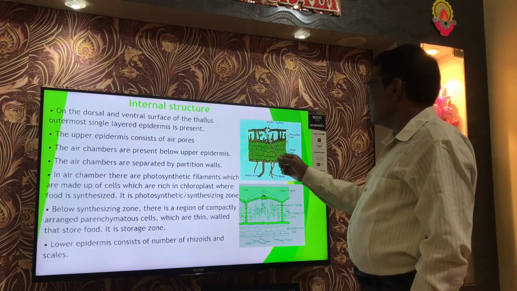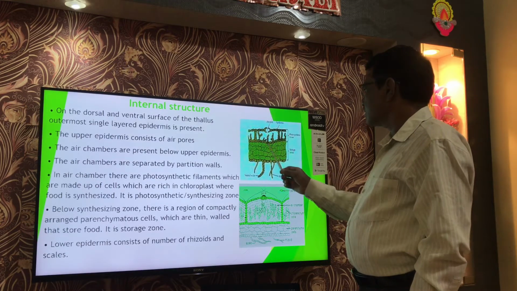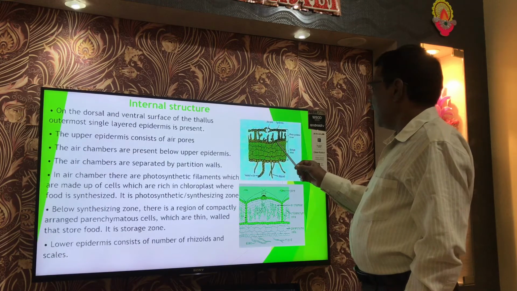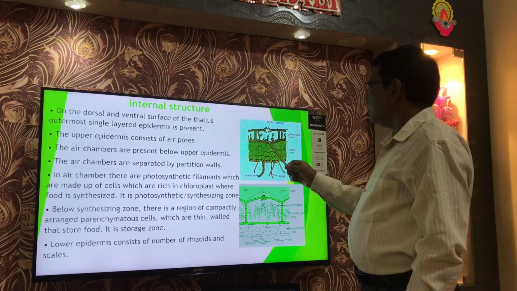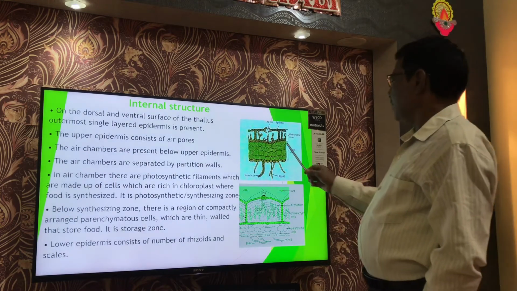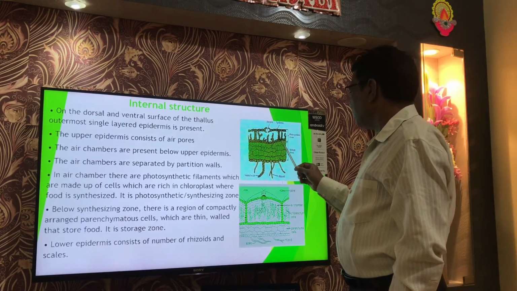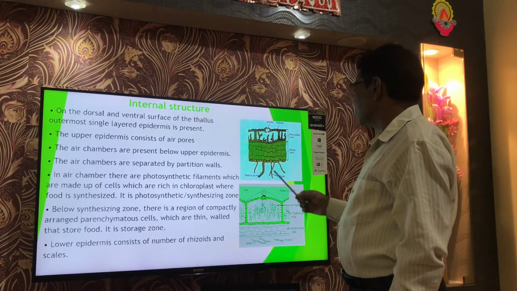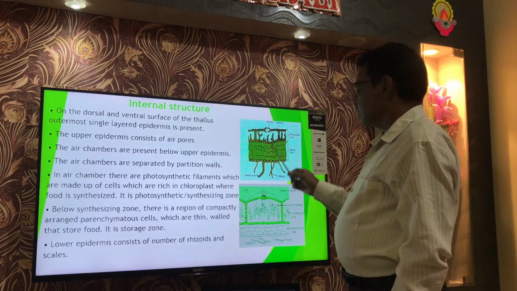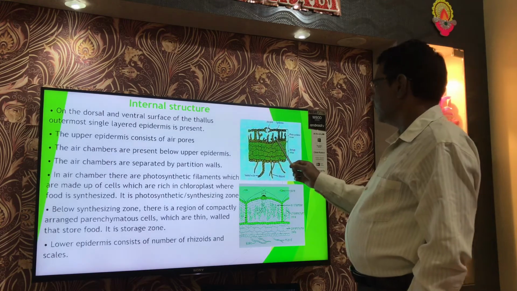Now, if you observe the details of this air chamber, you can see a large number of unbranched or branched photosynthetic filaments rising from the base of this photosynthetic zone and radiating in an erect fashion.